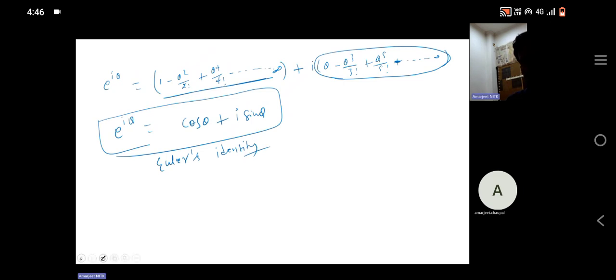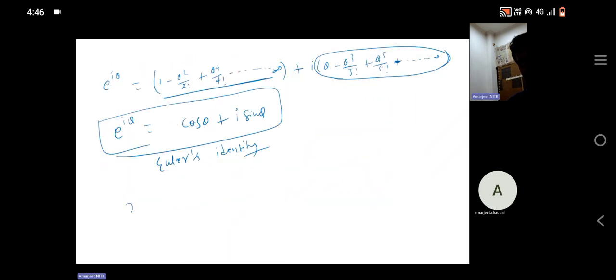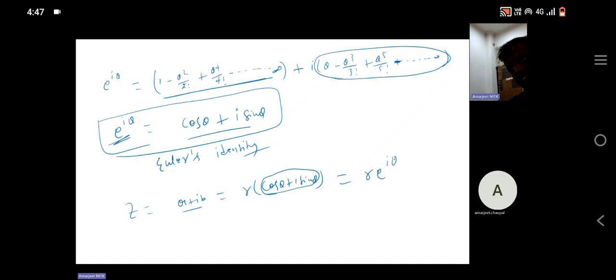And here we had an expression for a complex number. That means z equals a plus iota b. You can write it in polar form, r times cos theta plus iota sin theta. And for this cos theta plus iota sin theta, from here you can write e to the power i theta. So r e to the power i theta.